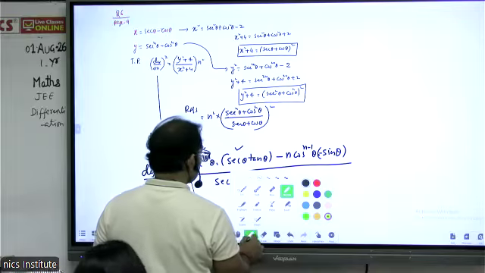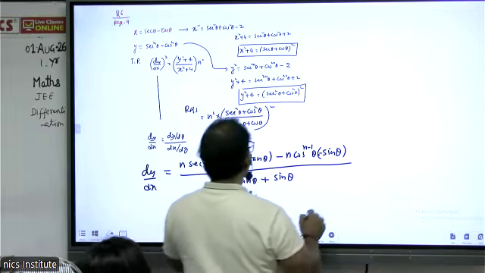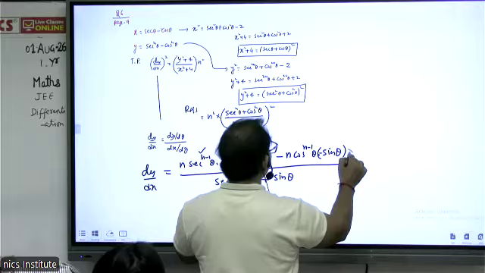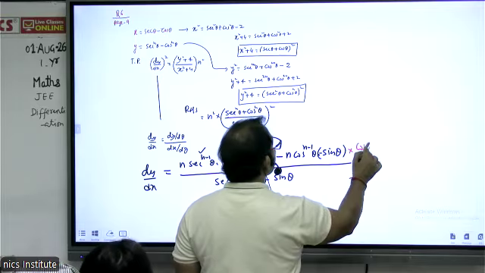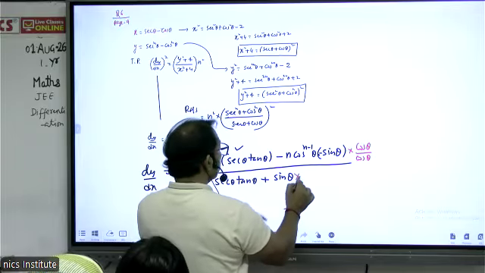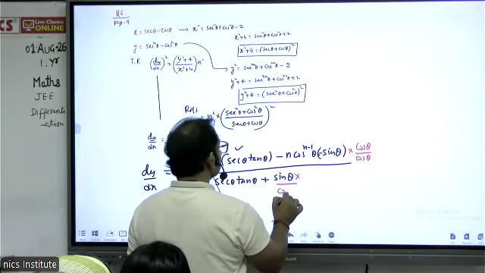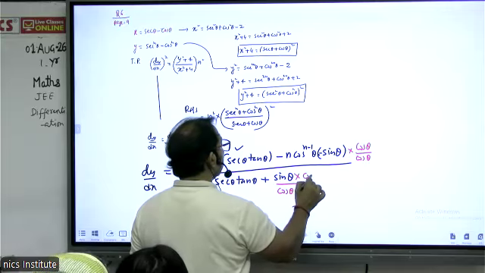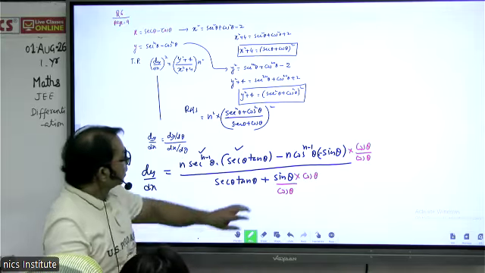In order to get rid of tan theta, multiply by cos and divide by cos in the numerator. Here also, for this term only, divide by cos and multiply by cos. This is a rearrangement. This will become tan theta.